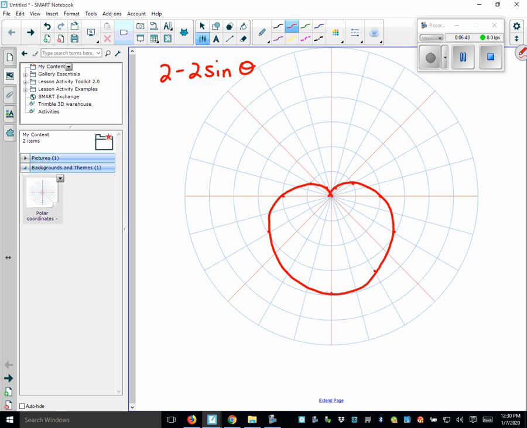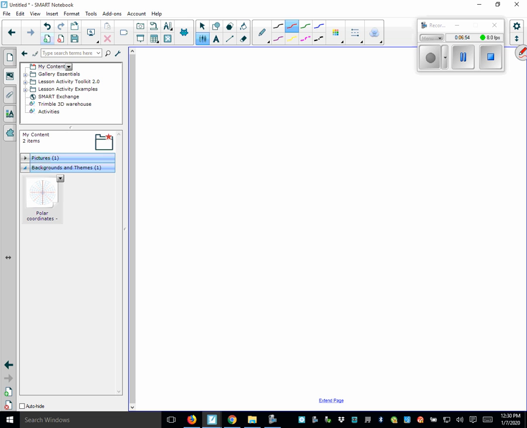So if I give you points in polar and ask you to convert them to rectangular, such as r squared equals x squared plus y squared, convert this to rectangular.